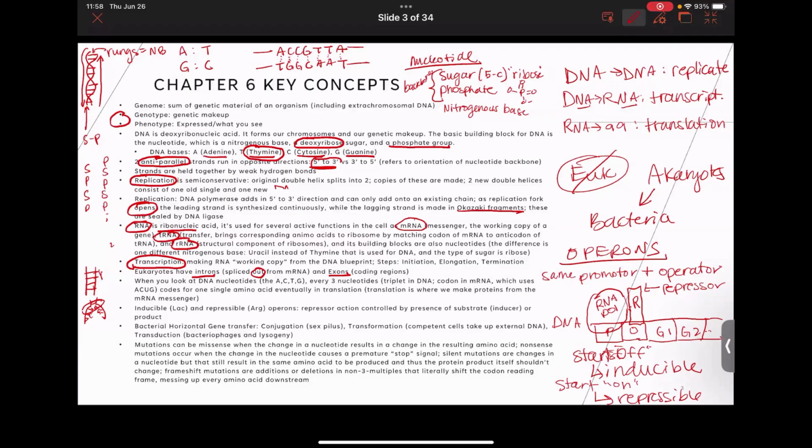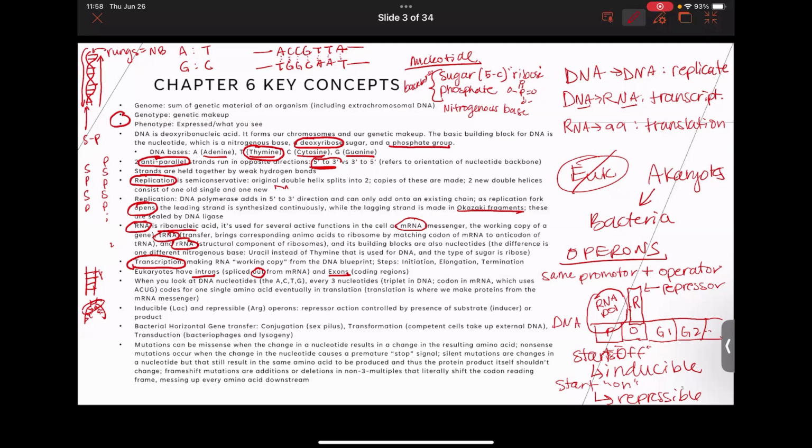The lac operon that it talks about in our lecture, in our textbook, in our notes, is one that starts off. And what happens is when lactose, the sugar in our milk, is present in the bacteria, the lactose binds to the repressor. The repressor is a protein, and when it binds to lactose, it changes shape and goes away. And now we can read through.